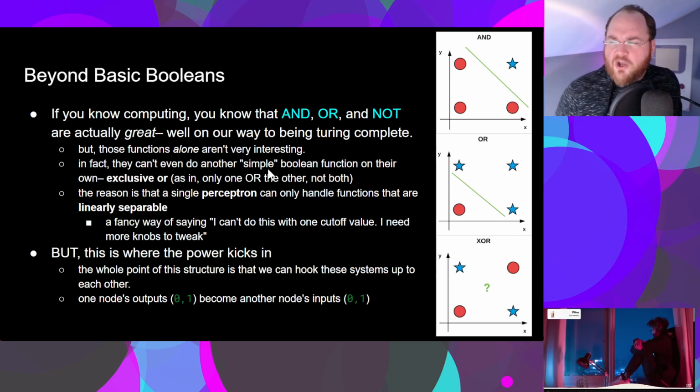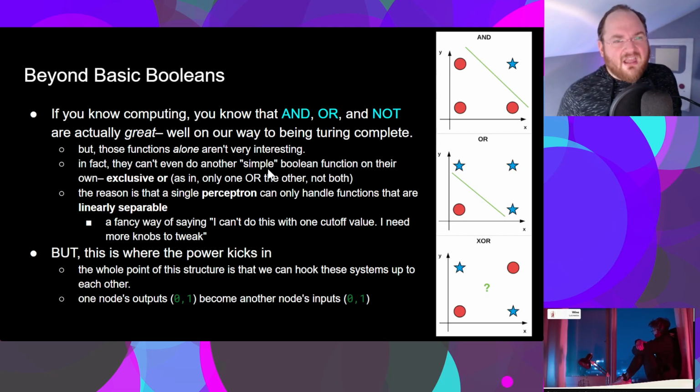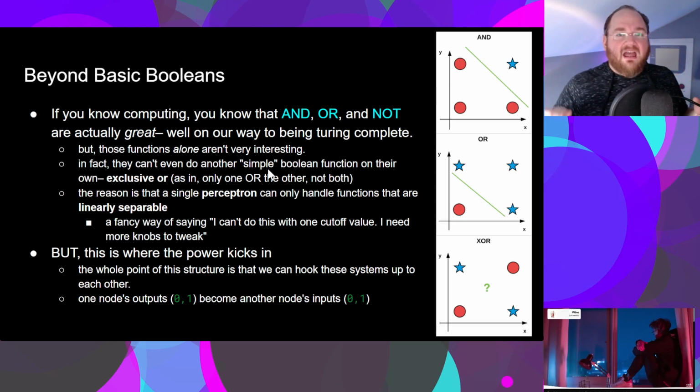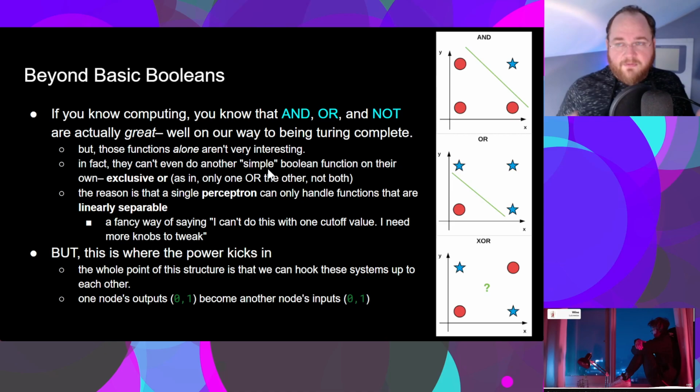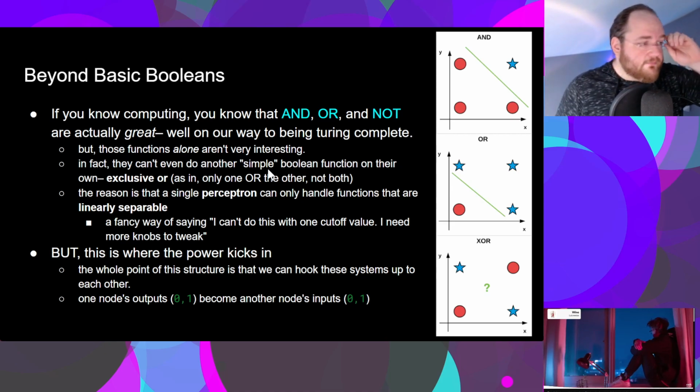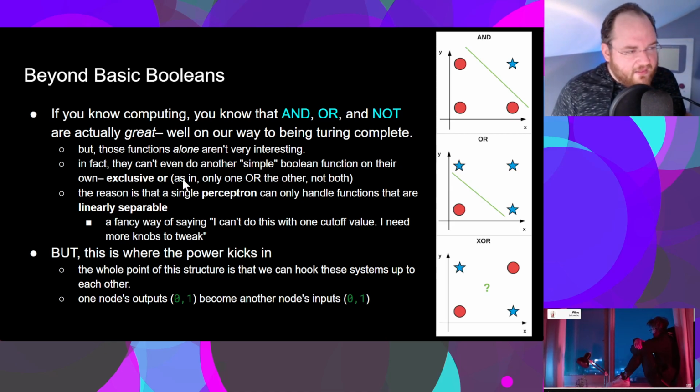In fact, whenever you say OR in the English language, you tend to be using the forced-choice version. It's true only if one or the other is true. I'm not going to do both, right? So a single perceptron can't handle that. The reason is it can only handle functions that are linearly separable.